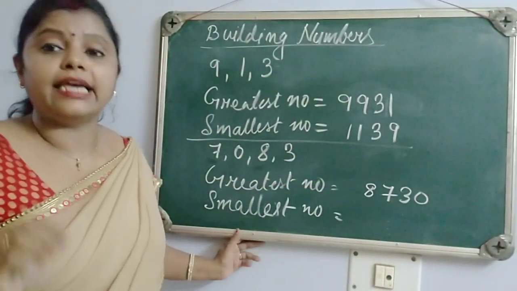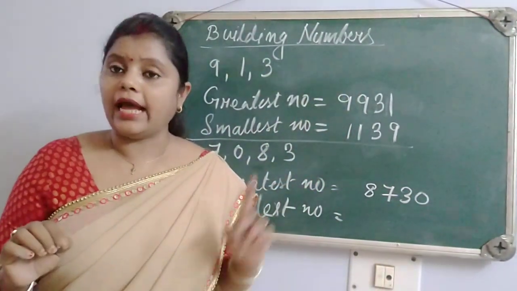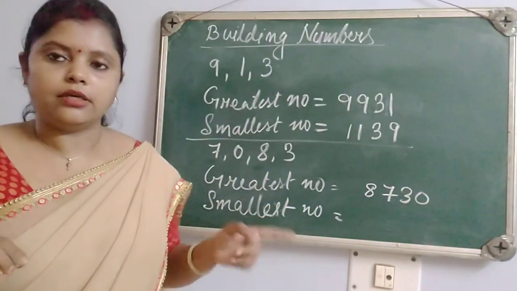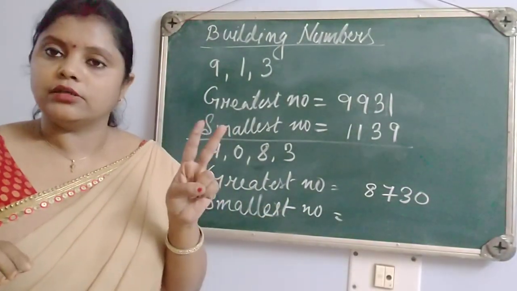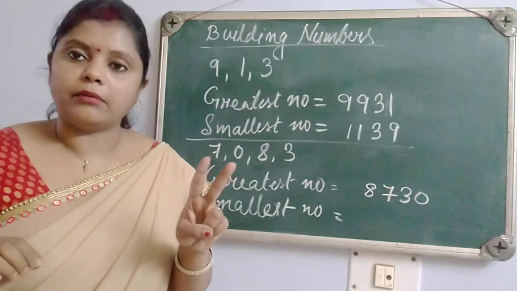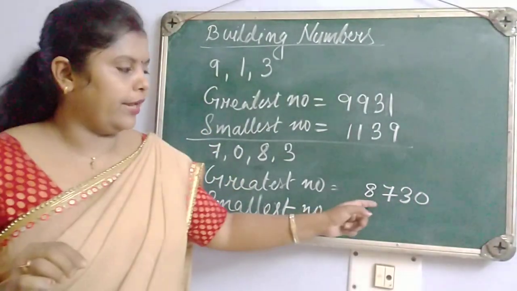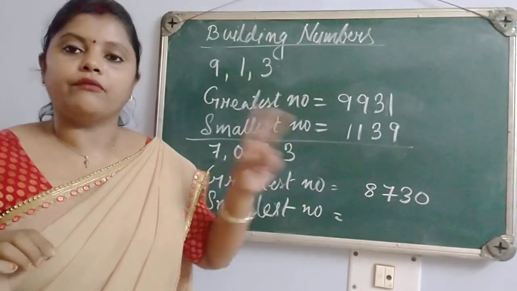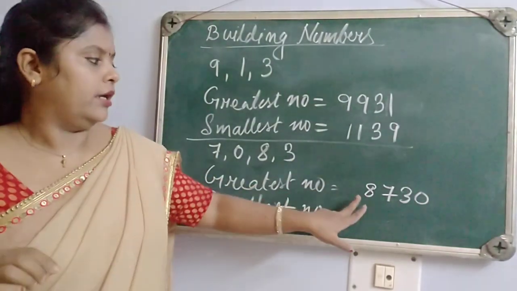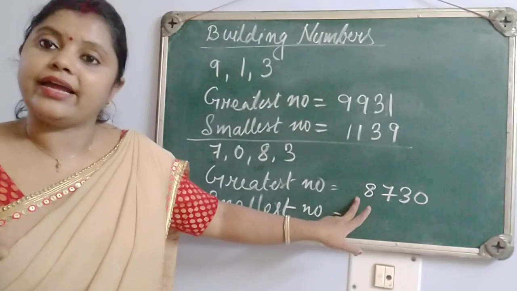We need a 6-digit number, and we got only 4 digits. We need 2 more digits. So we will repeat the greatest digit 2 more times. 8 is written already one time here. We will write it 2 more times, at the place where 8 is.